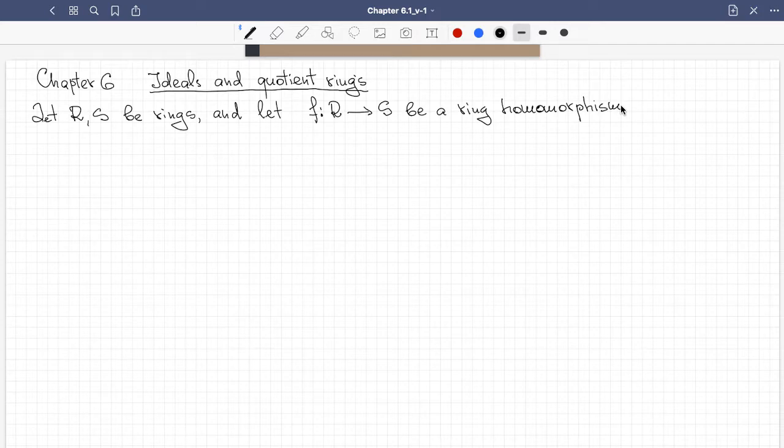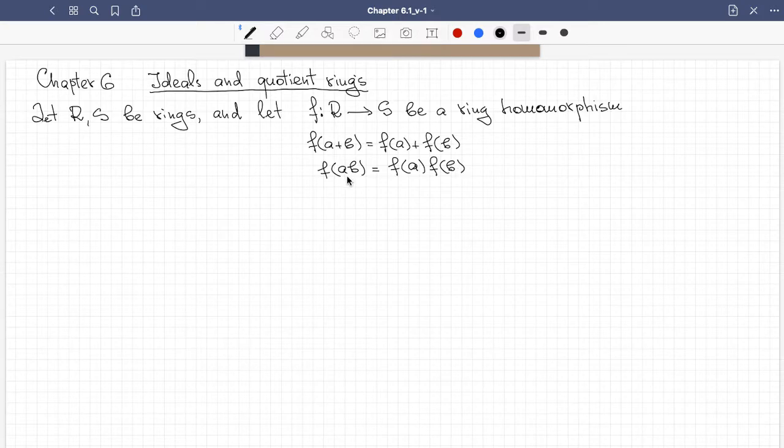I recall, what does this mean? This means that f of a plus b equals f of a plus f of b, and f of the product ab equals f of a product with f of b.